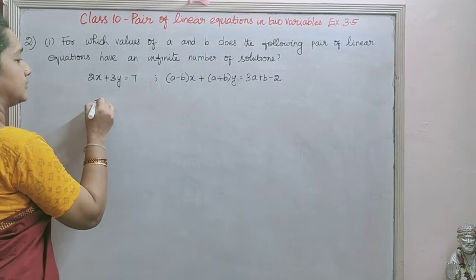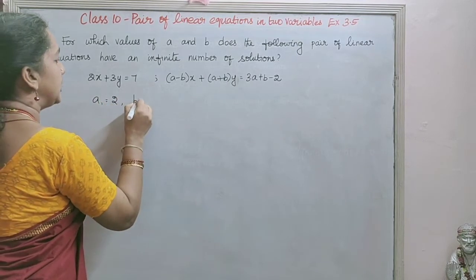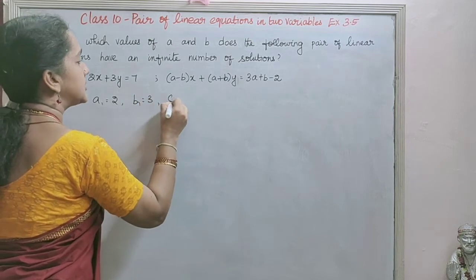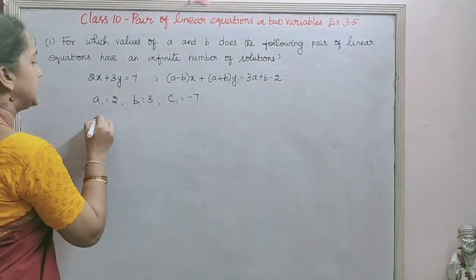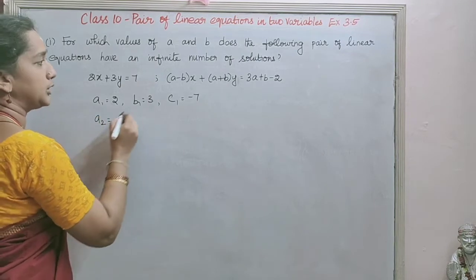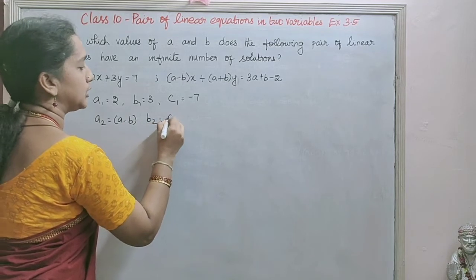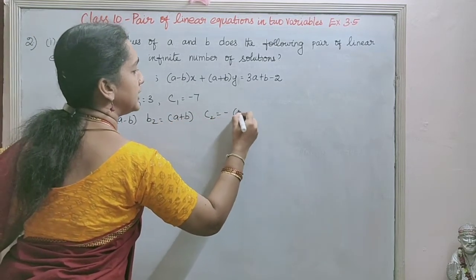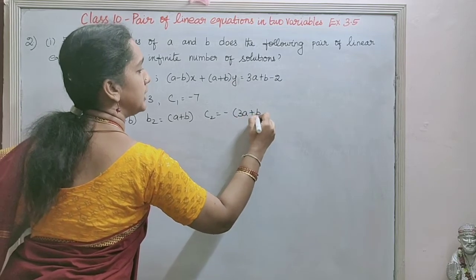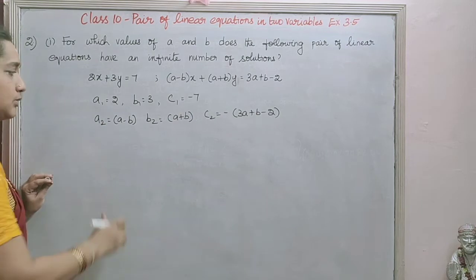So, a1 is equal to 2, b1 is equal to 3, c1 is equal to minus 7. Then a2 is equal to a minus b, b2 is equal to a plus b, c2 is equal to minus 3a plus b minus 2. So this one is a1, a2, b1, b2 and c1, c2.